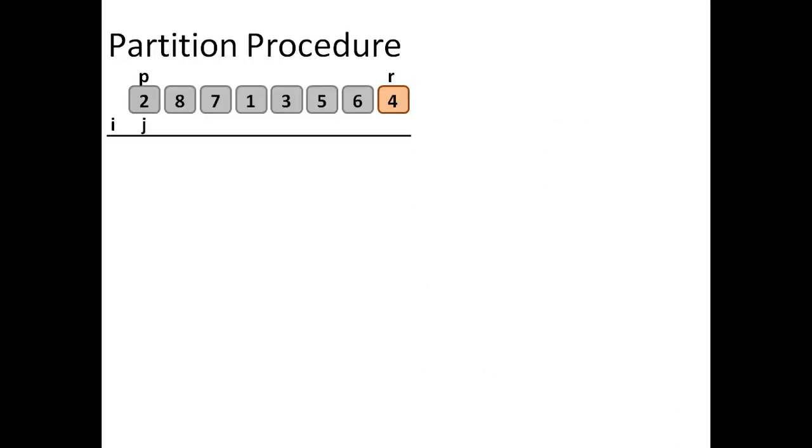To understand it properly, let's execute the partition procedure on an example. Here we have to consider the complete array. So P will be initialized with the first index, and R is to be initialized with the last index. J is equal to P, and I is initialized with P minus 1.